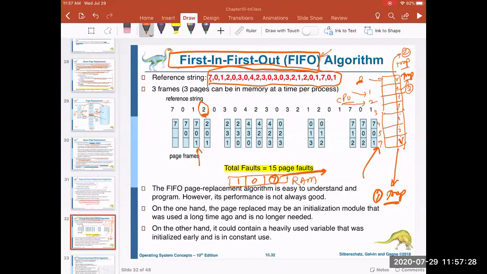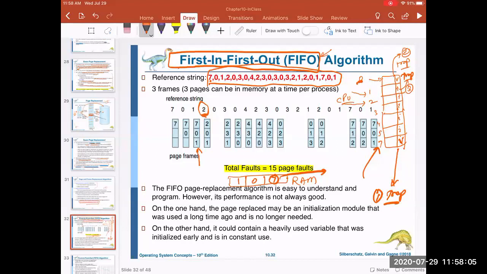So whenever the page fault for 2 happens, 7 would go away and be replaced with page number 2. Is this clear? Because this is the base of everything we are going to do. Please, any yes or no? Is there anybody who wants to repeat this? I think everyone got it.